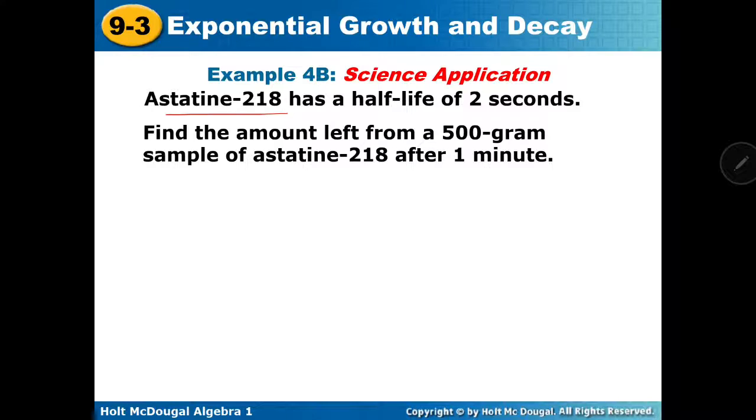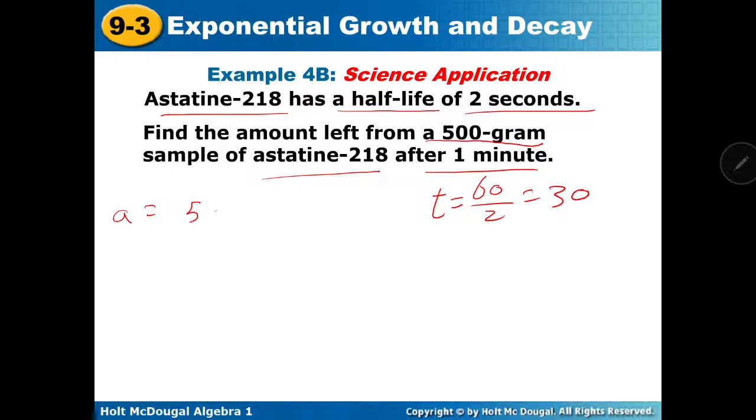Astatine 218 has a half-life of 2 seconds. Find the amount left from a 500-gram sample of astatine 218 after 1 minute. Now, after 1 minute, the T here is different from the other example. T equals 1 minute, which is 60 over 2, that means 30 periods. A is 500.